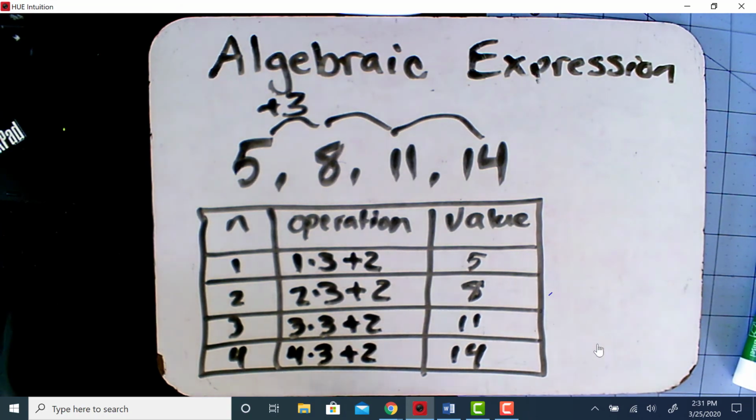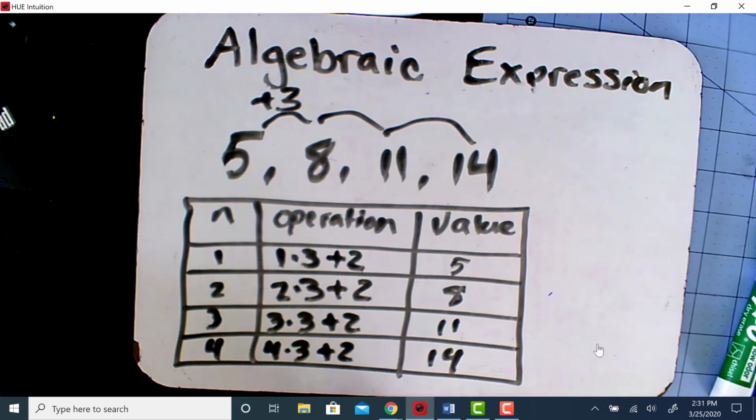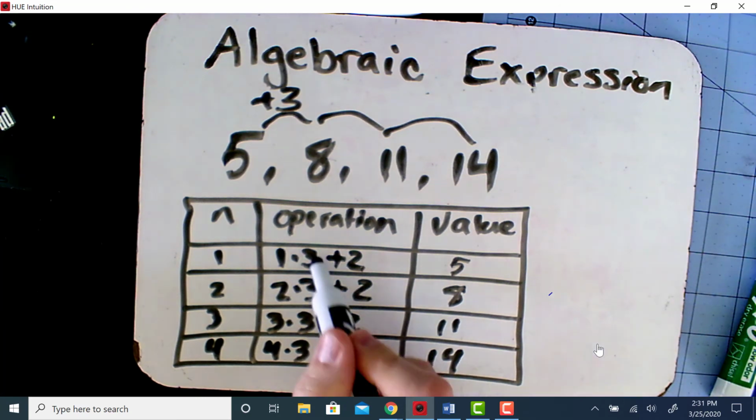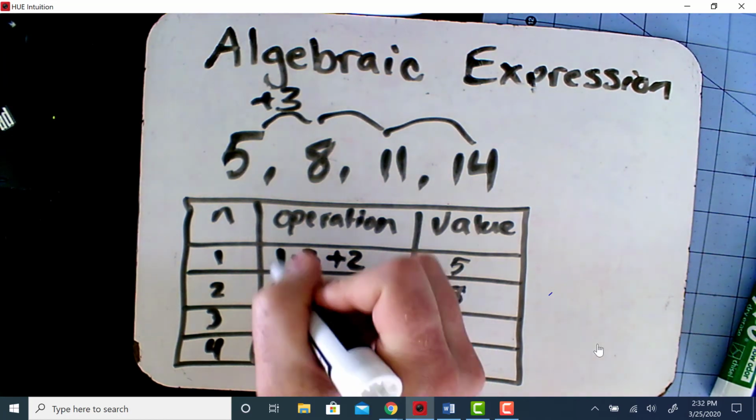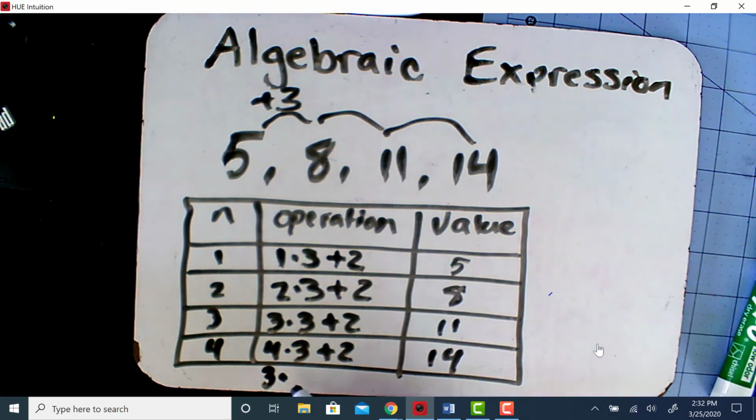So, I know what I had to do there. Now I think about it for writing my expression. What did I do each time? Well, I was timesing by 3, so I'm going to write 3 times, and I was timesing 3 by the position number. So I'm going to replace the position number with the variable n so that it can be any position I want. The last thing I had to do was add 2. So I'm going to say plus 2.